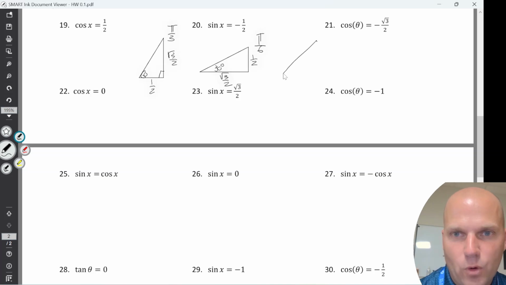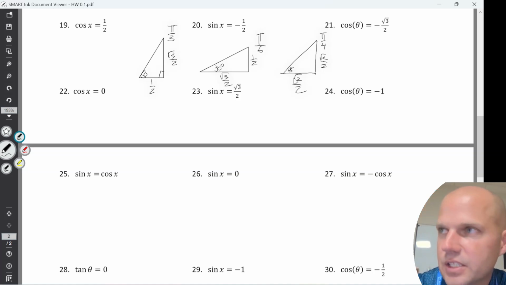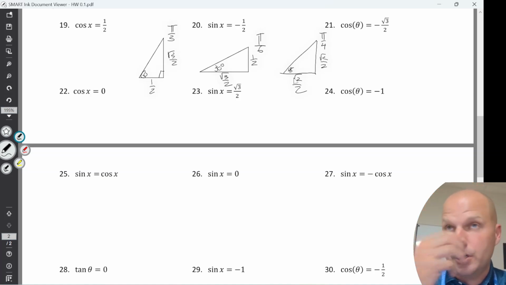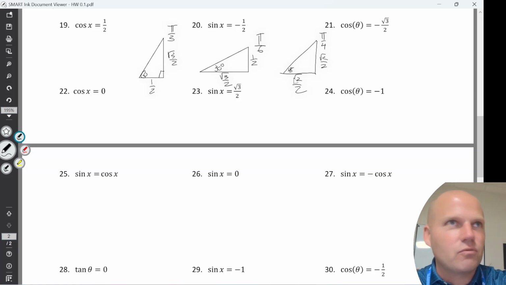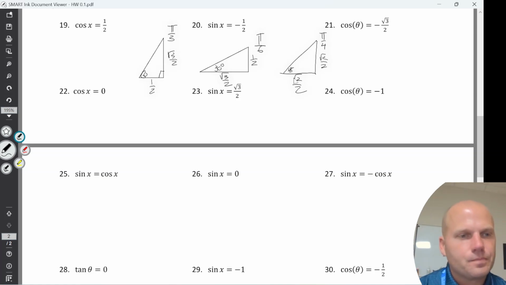And then I have my 45, 45, 90, which is at the pi over 4's, which is 45 degrees. And that's root 2 over 2 and root 2 over 2. Okay? I always start with the triangles. That's honestly the thing that I have remembered since geometry, the special x, root 3x, 2x kind of deal. But then I just switch over to 1/2, root 3 over 2, 1.